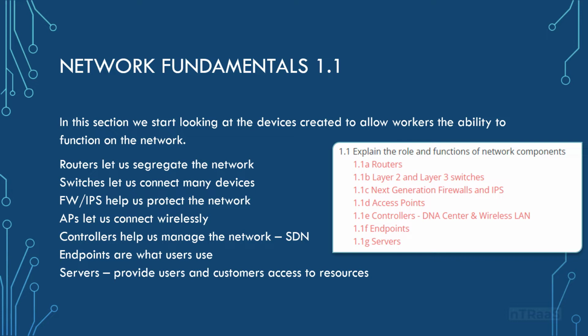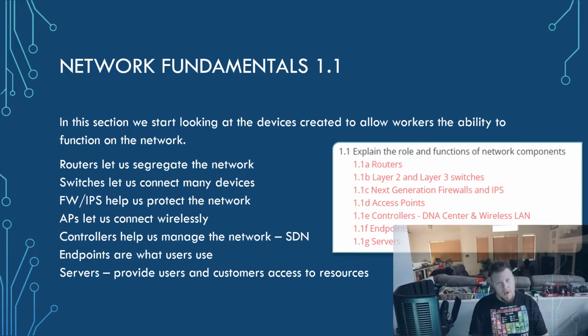Now when we move on to firewalls and IPS, once again, how are we going to protect the network? In Cisco's case, we're going to be looking at the ASA and the Cisco Firepower appliance. Keep in mind, however, that you can technically turn a router into a firewall and potentially an IPS, or intrusion prevention system, with the right software or hardware modules.